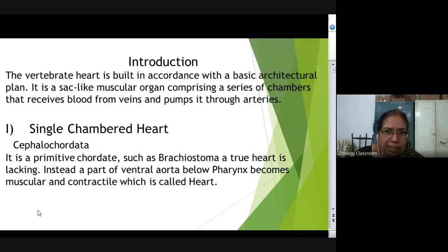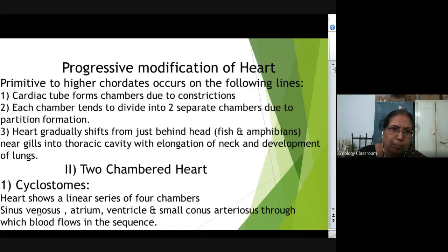The single chamber heart is found in amphioxus, and it is not a true heart, but below the pharynx the ventral aorta is muscular and contractile. It is called a heart. Then from fish to mammal, there are some modifications according to the nature and behavior of the animal.